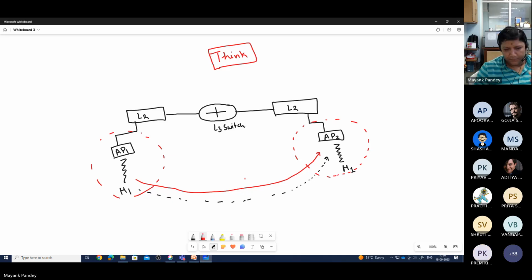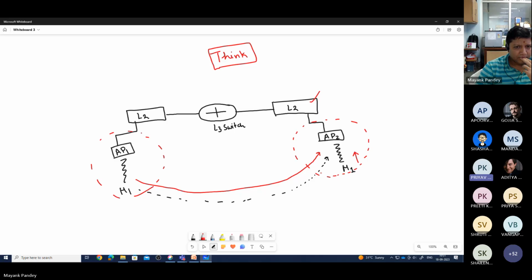Anybody? The other switch will never know that someone has joined until and unless the device tells it. No, M1 will in any case be sending some message that the switch will learn. Okay, if the switch will learn, then there should not be an issue.